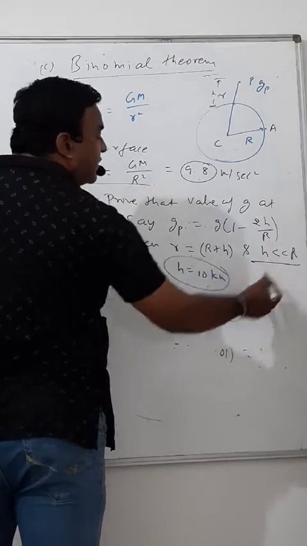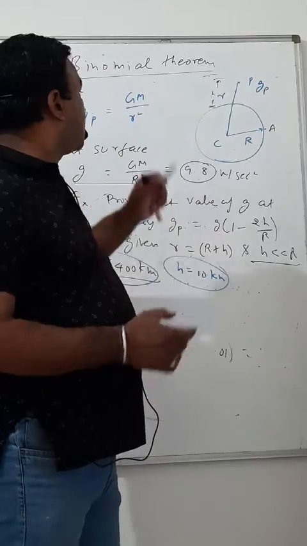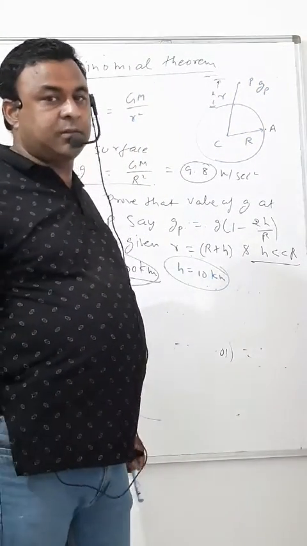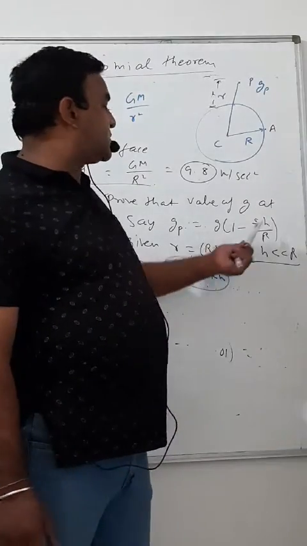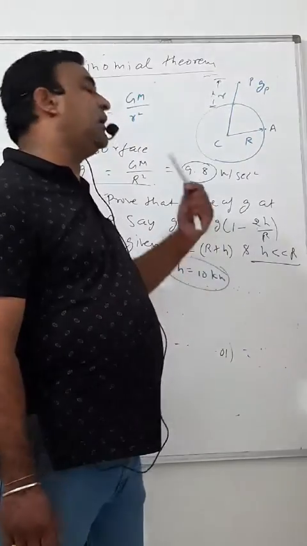Then definitely h is far less than capital R. In that case, this direct formula will give very complex calculations in decimals and something like this. Then this particular binomial theorem will help a lot.